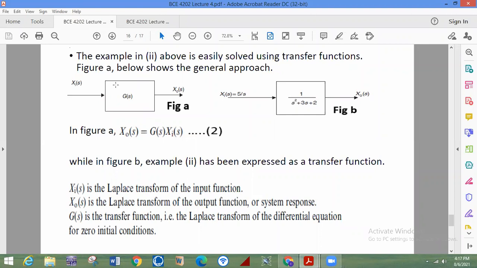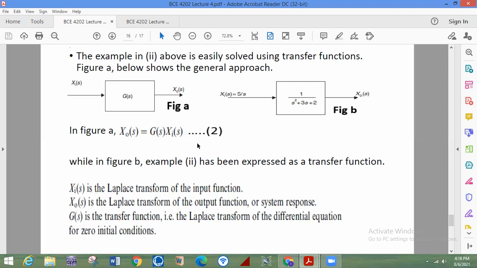So the differential equation we had can be transformed into this block diagram, and we can define this block diagram generally using this equation 2, where X naught of s is the Laplace transform of our system response or output of our system, equal to the transfer function times its input.